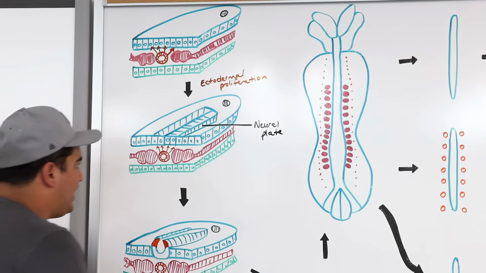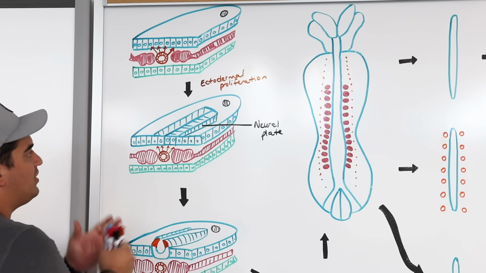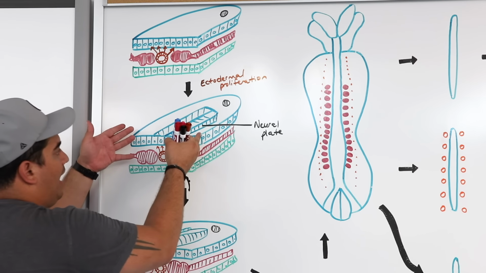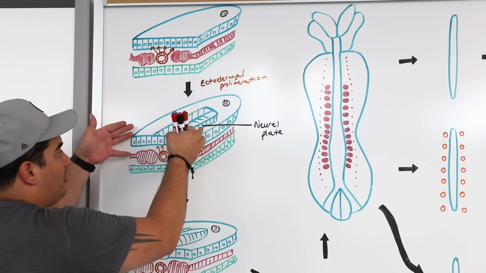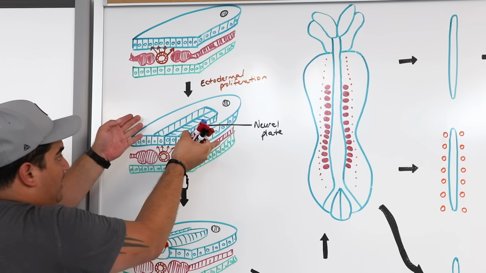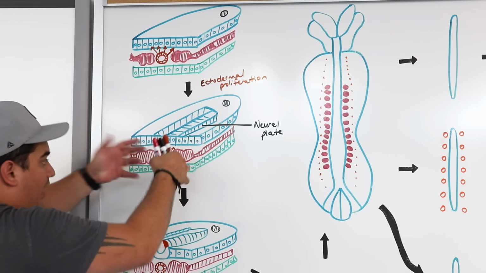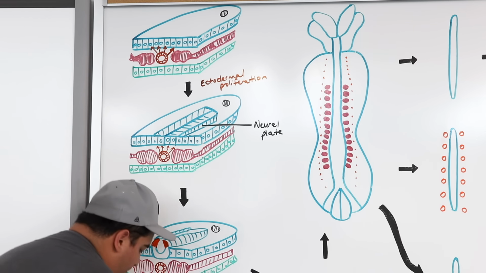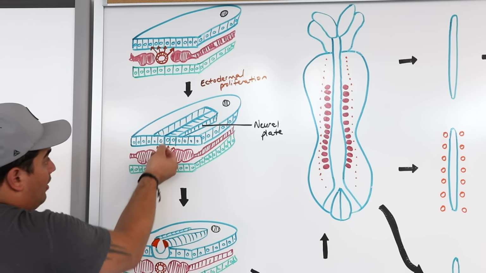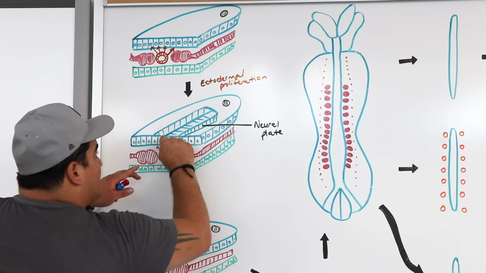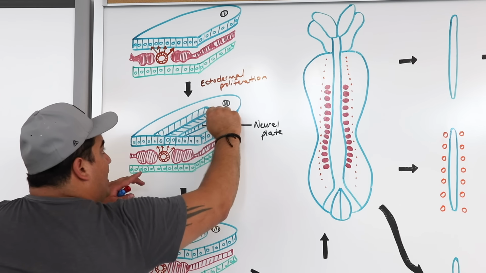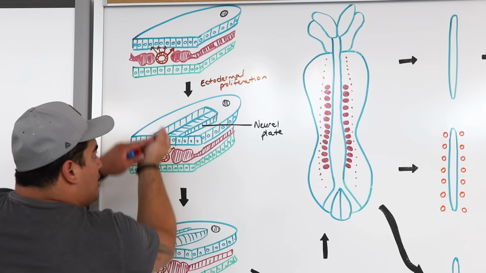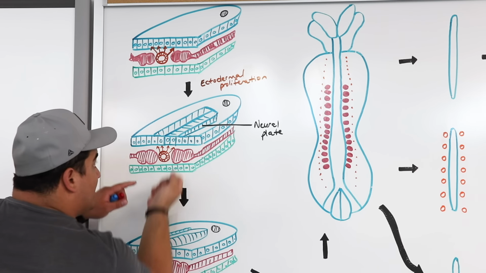Now, as we get this thickening of the neural plate, the embryo will begin to allow this plate to involute. Imagine it this way. Here's the plate, and I'm pulling in this central line that divides it into two pieces. Imagine I'm tugging on that from the bottom, right in the center.